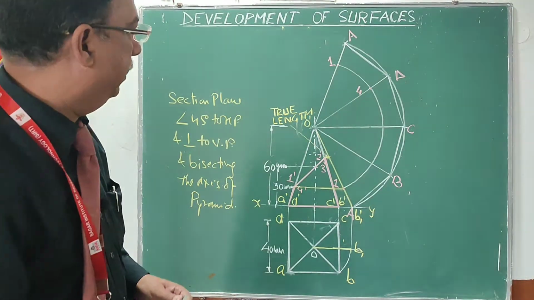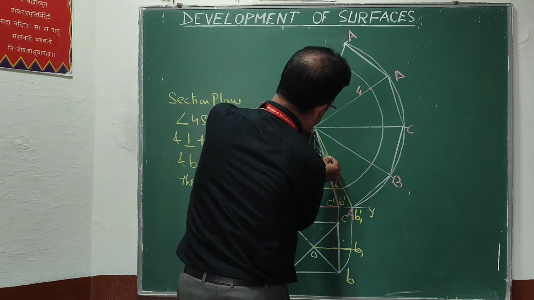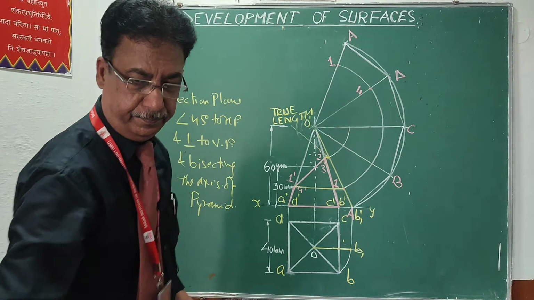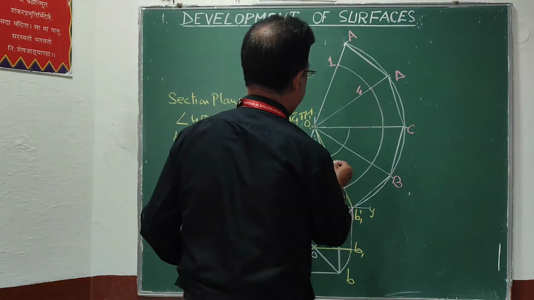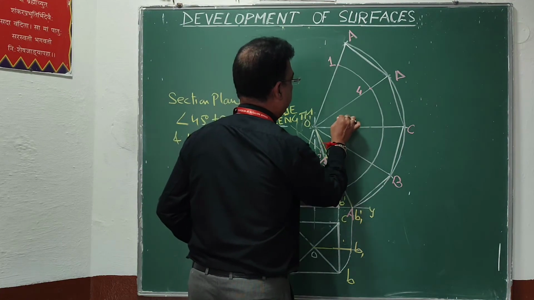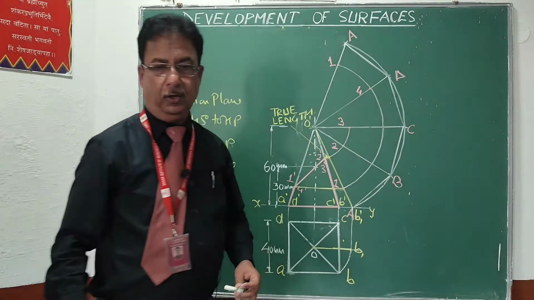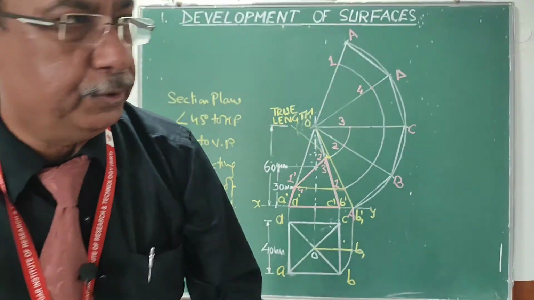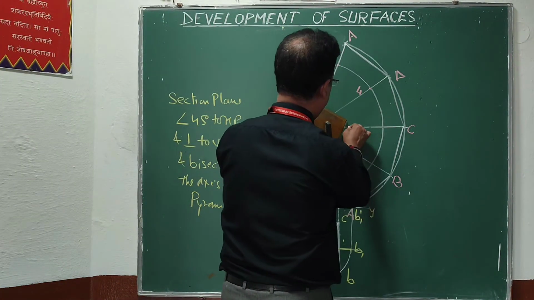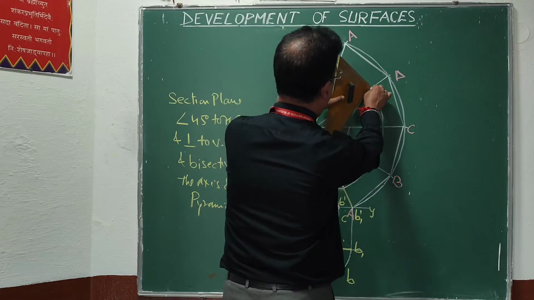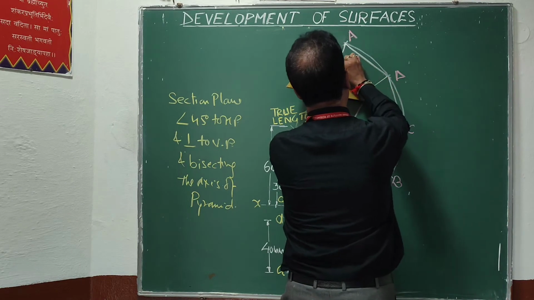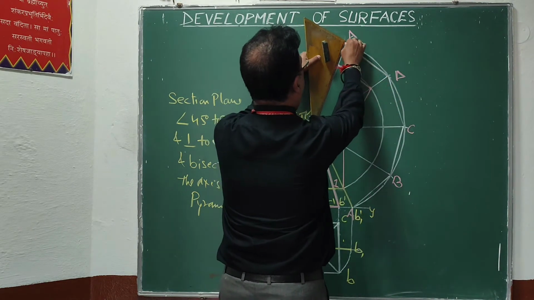Next time again I will shift this 2, 3 distance from this line on B and C. So what I will get, this point will be 2 and this point will be 3. Already we got all the 5 points. Join those points by straight lines, 1 to 2, 2 to 3, 3 to 4 and 4 to 1. Join these edges.